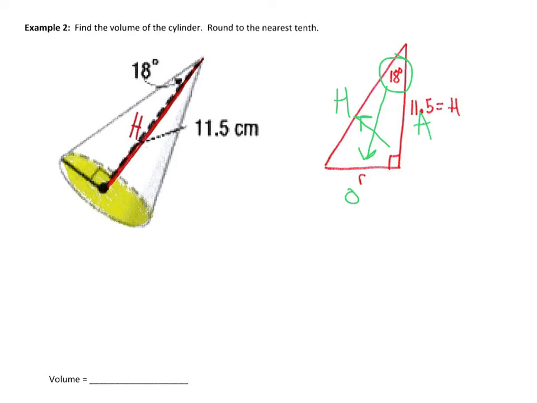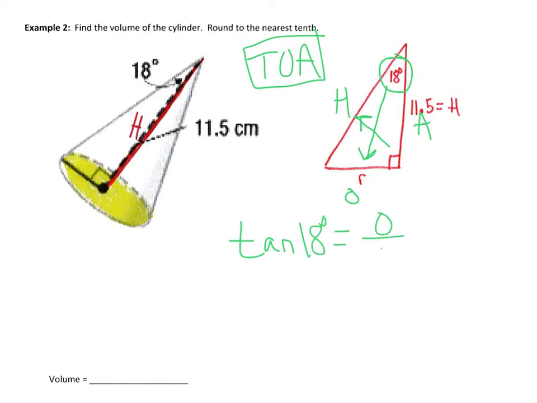So therefore, we're going to be using TOA because we have and need the R side and the H side, which is the 11.5. So that's O and A. So we have tangent of 18 degrees equals the O side over the A side.